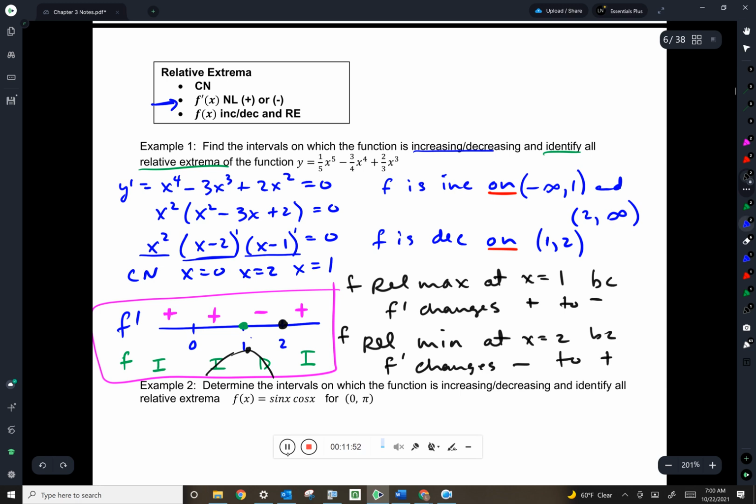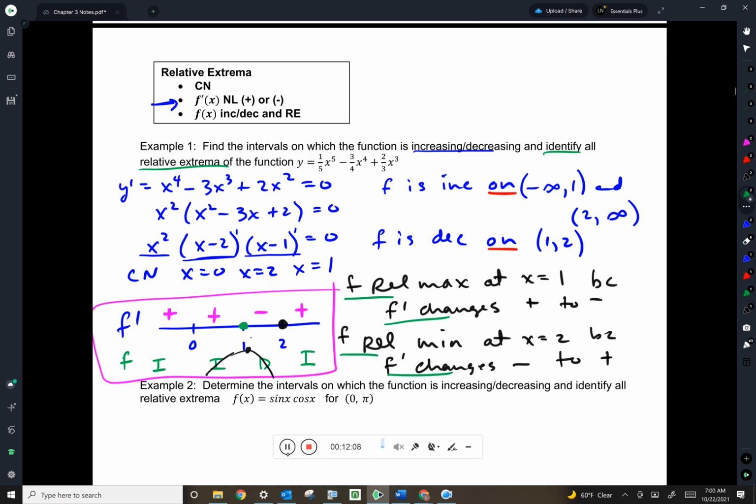Notice something that's going to become a big deal when you're presenting your answers on a test or on the AP exam: I've labeled each function. It was f that had the relative max, it was f that had the relative min, but it was the derivative that changed sign.